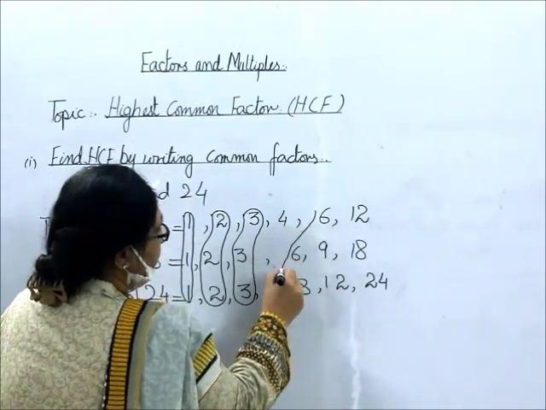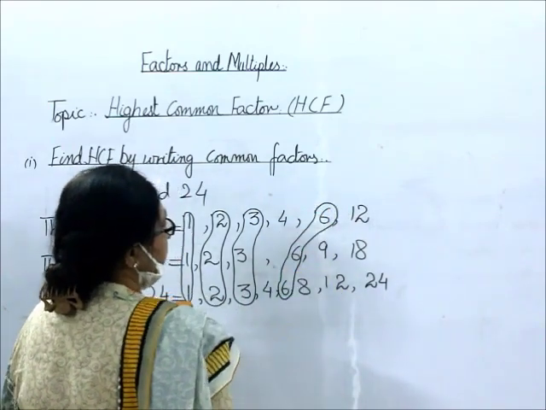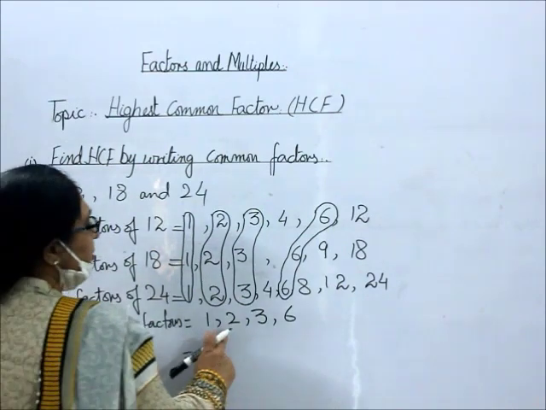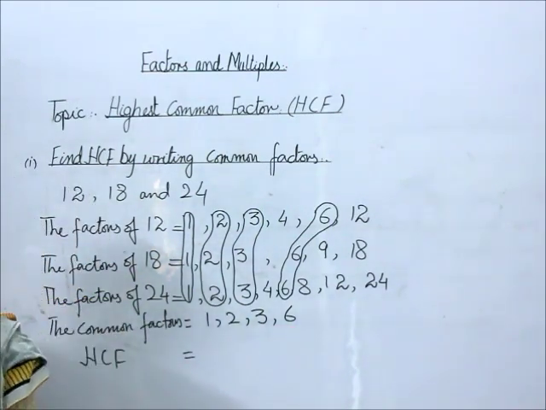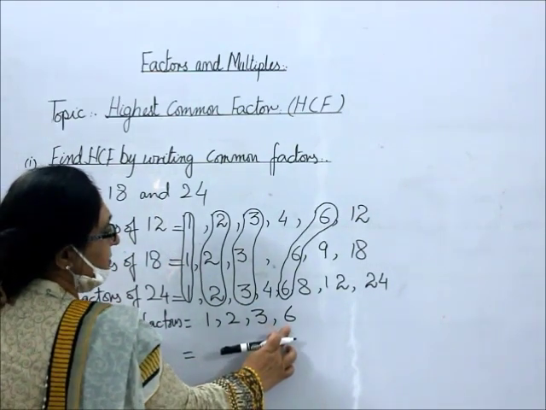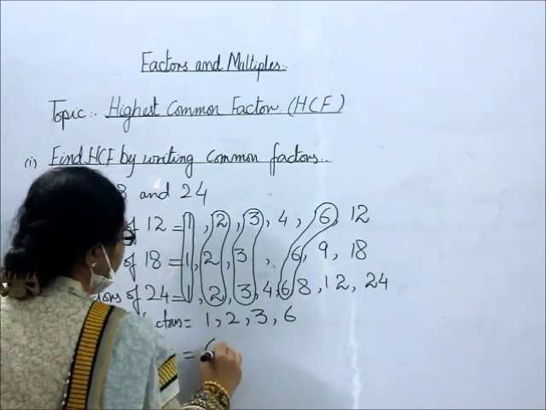And then 6 is present in all these 3 numbers, so we can take this as a common factor. 1, 2, 3 and 6 are the common factors of numbers 12, 18 and 24, and 6 is the biggest, the largest common factor, so our HCF is number 6.